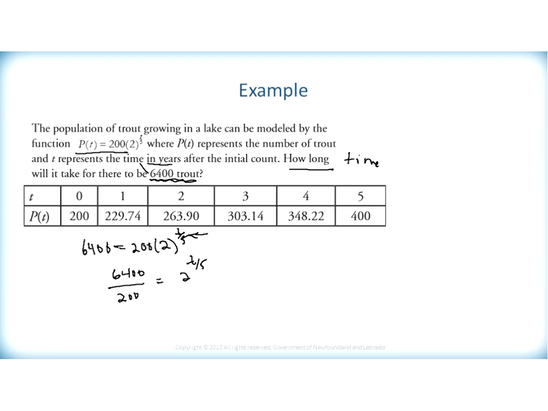So 8 will equal 2 to the power of t over 5. And 8 can be written with a base of 2 because 2 to the power 3 equals 2 to the t over 5. Now we can use the common base property. So we have 3 equals t over 5. So 3 times 5 will equal t. That would be 15 years.